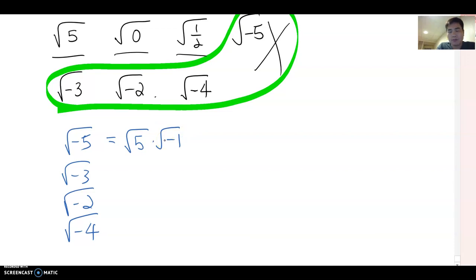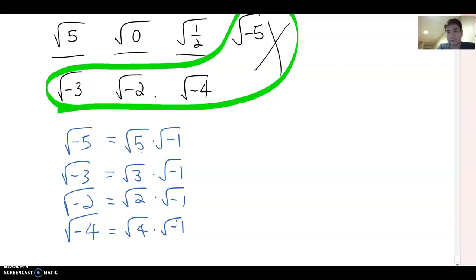Does it make sense to you? Yes. As you know, root 5 times root negative 1 becomes root negative 5, so it makes sense. And this also becomes root 3 times root negative 1. This becomes root 2 times root negative 1. This becomes root 4 times root negative 1.